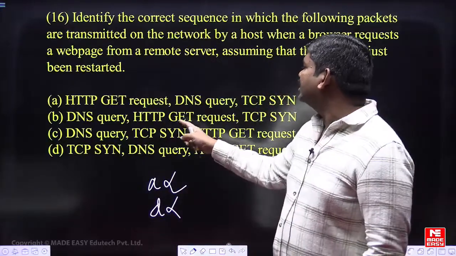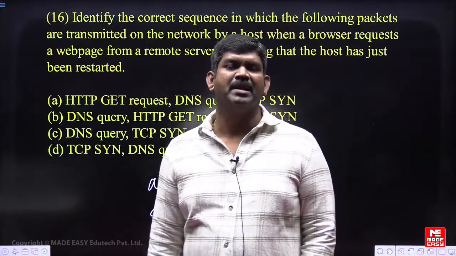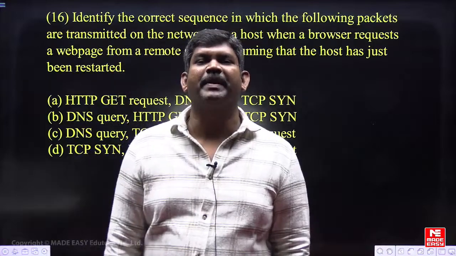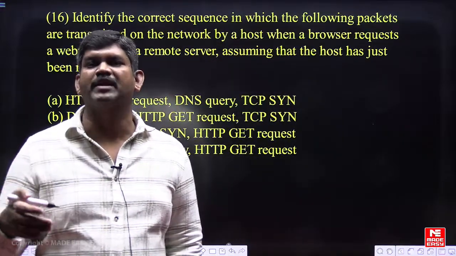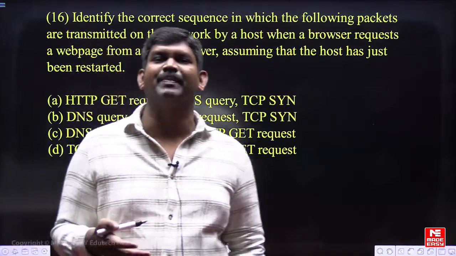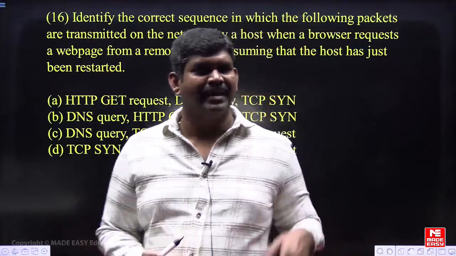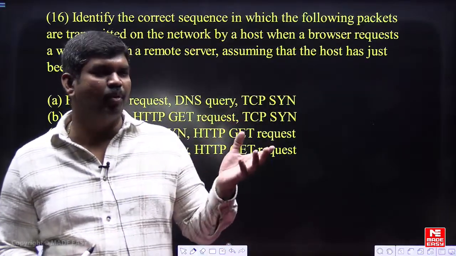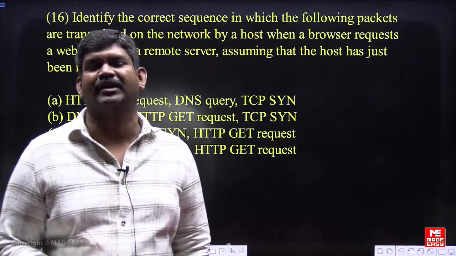You can see HTTP GET request and TCP SYN. This is a very important thing. Any application layer protocols like HTTP, SMTP or FTP depend on the transport layer TCP protocol for connection establishment. That connection establishment is a virtual connection with the help of the SYN segment. The server is going to listen at some predefined port, and for that port to be accessed, TCP helps with the connection establishment.